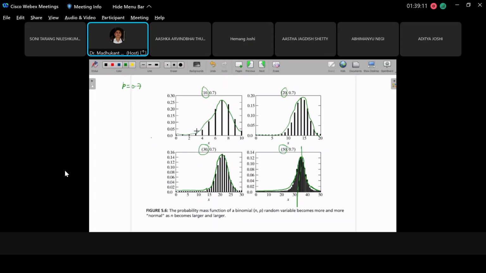This is the curve which is passing through these points.